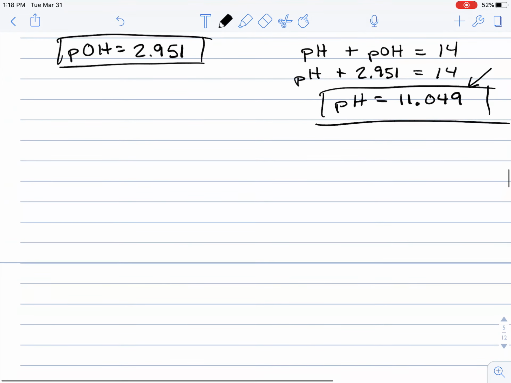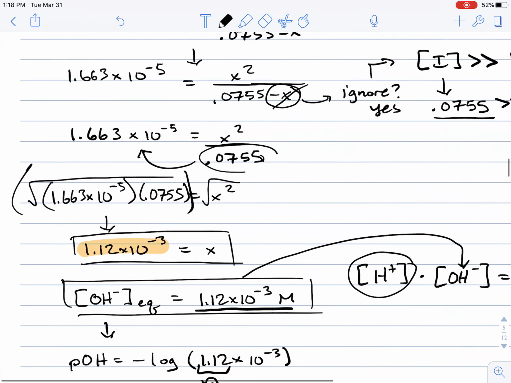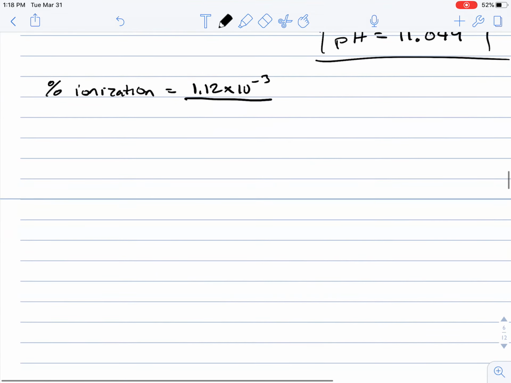So the last thing that we're going to solve for is the percent ionization. And remember, that's going to be the change divided by the initial concentration. The change in this case is 1.12 times 10 to the negative 3. Then we're going to divide that by the initial concentration, which is 0.0755 molar.